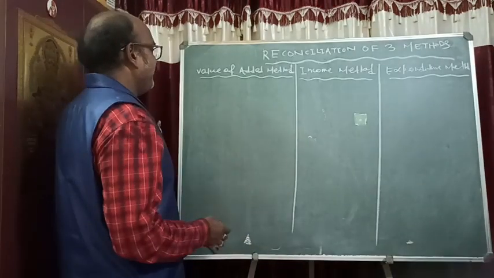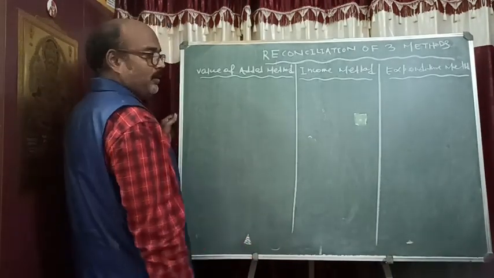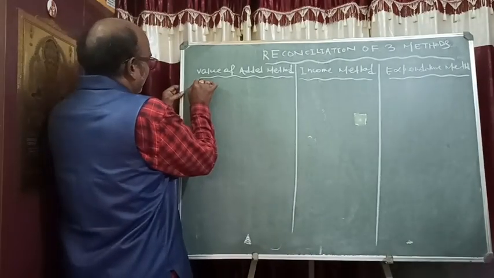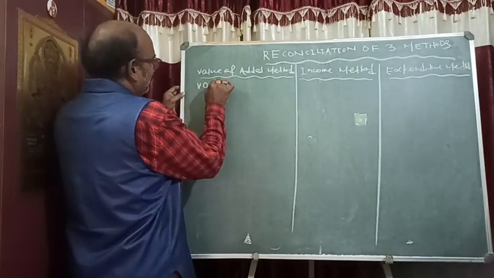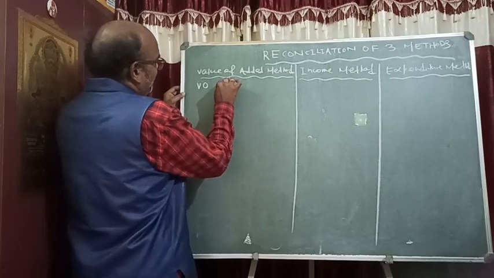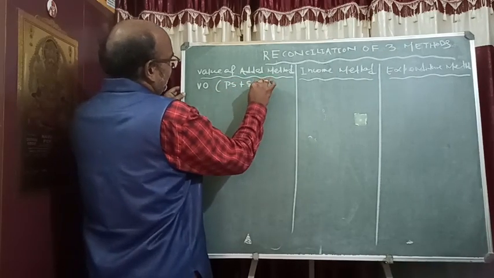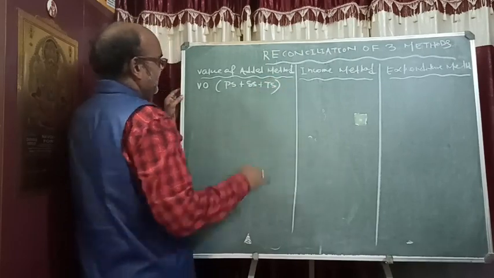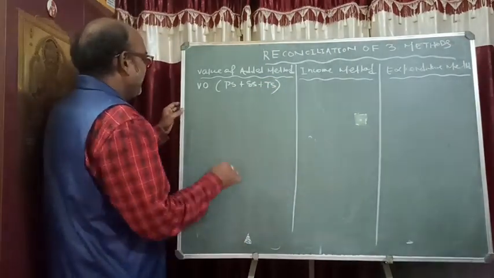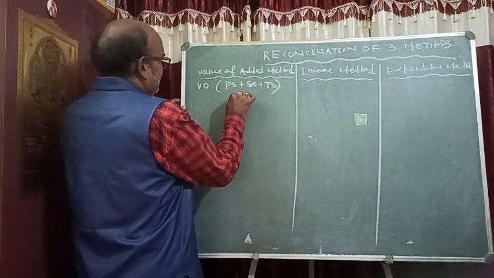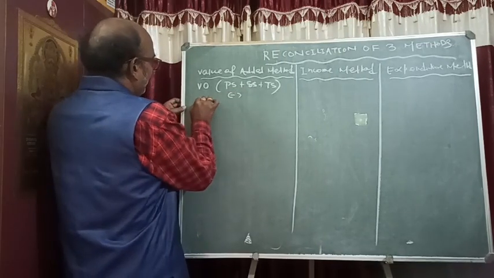So in the value added method, first we have to calculate what? We have to calculate the value of output of PS, primary sector, SS, secondary sector, and TS, tertiary sector. Is it clear? Then minus, means deduct. What do we deduct?